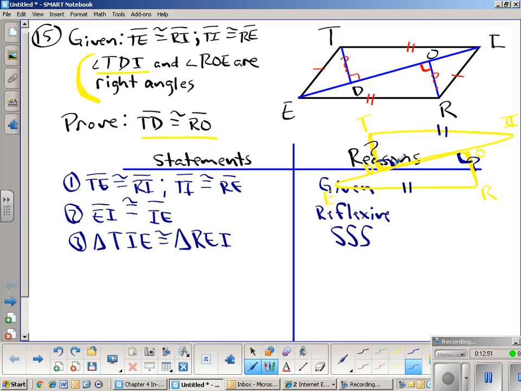But let's go back to what Hunter said earlier. Now that we've identified which triangles we're looking at, if I took this triangle and put it back up here, what part in the yellow triangle is exactly the same as this red triangle that we just proved was congruent? Silas?